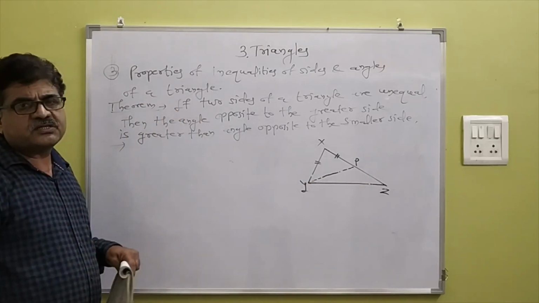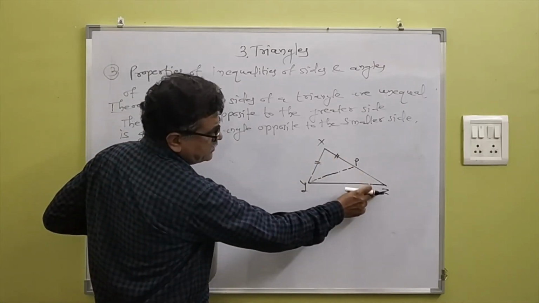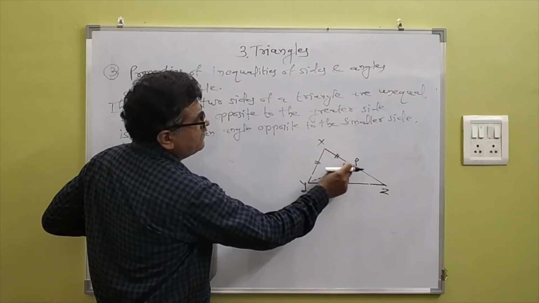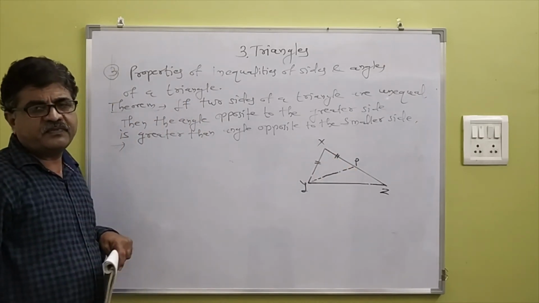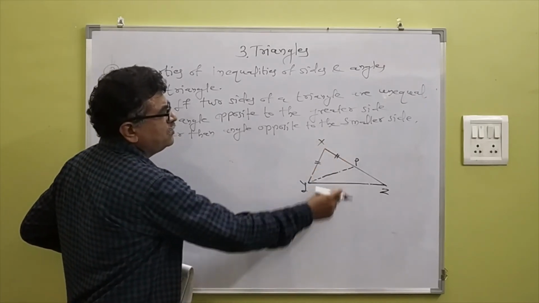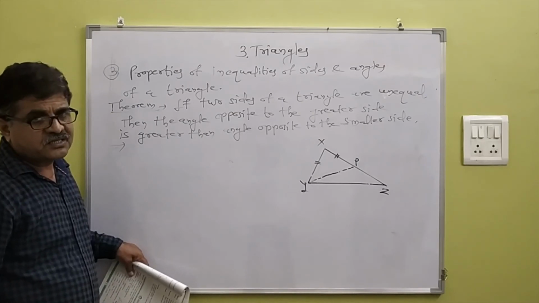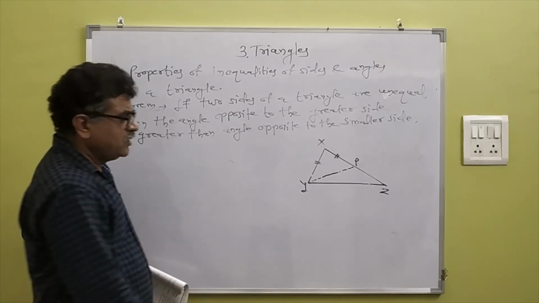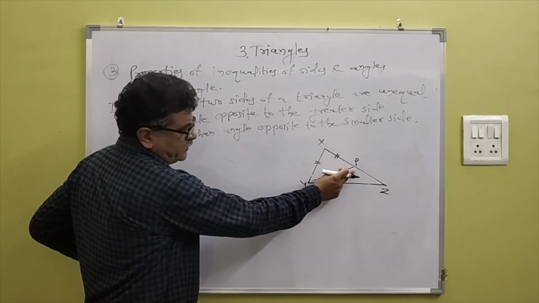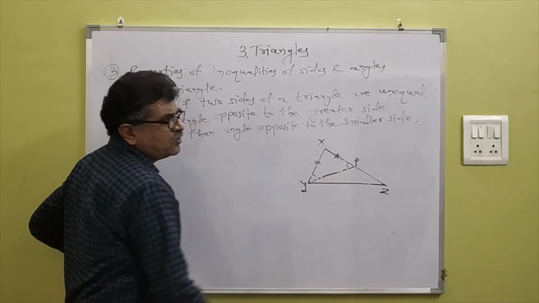Now for this construction, take point P on side XZ such that XY is equal to XP. These two are congruent, or XY congruent to XP. This is the construction. Now proof. Now in proof, in triangle XYP, these two are congruent, therefore these two angles are congruent.